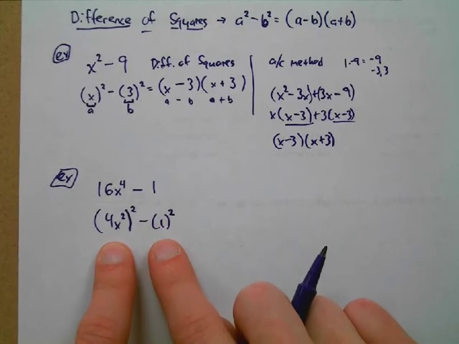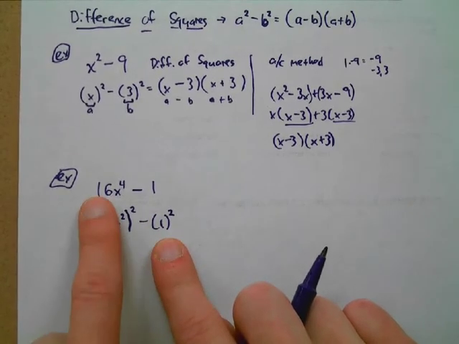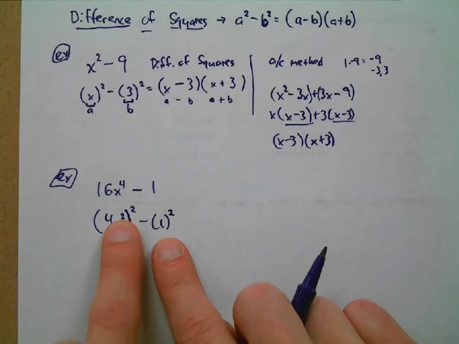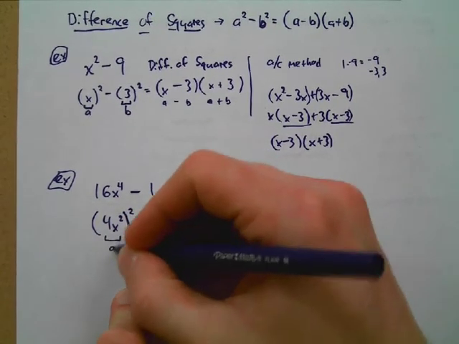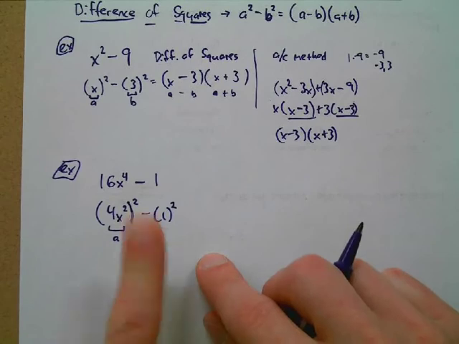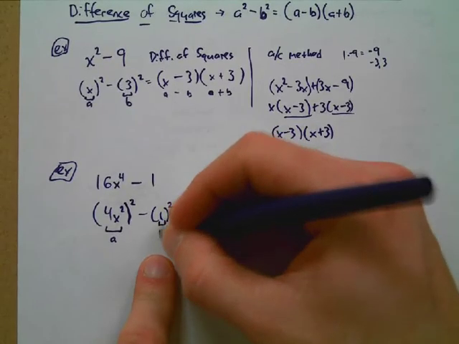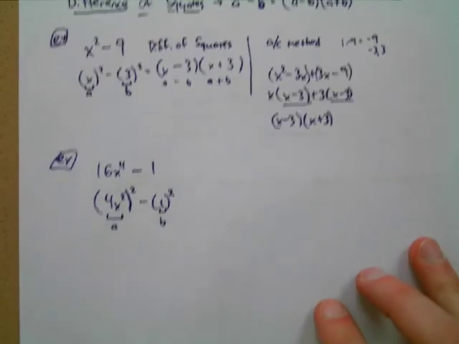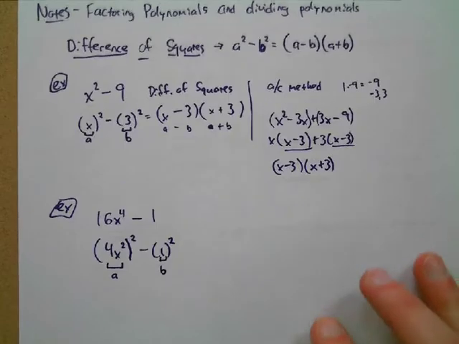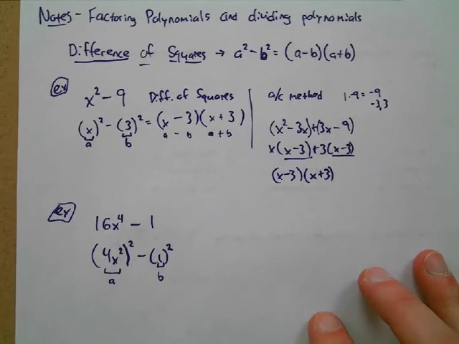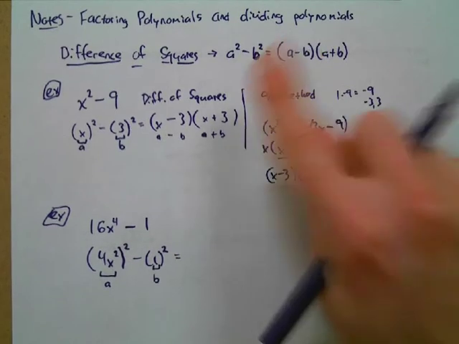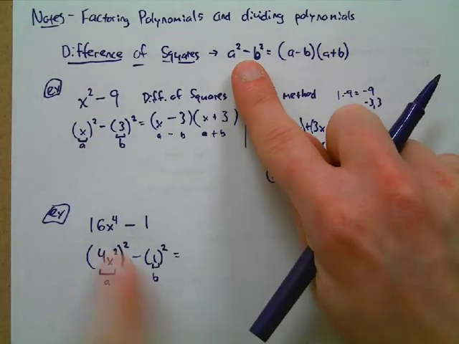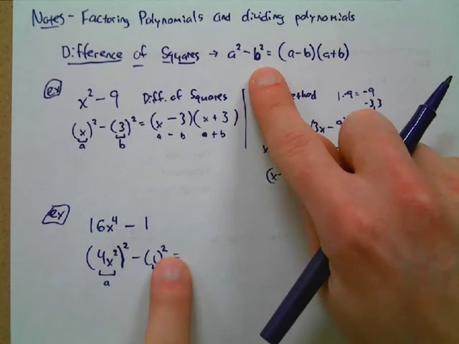Okay. So in this case, since 16x to the 4th is really 4x squared quantity squared, this is our A. And then 1 is our B. So let's see, I don't want to lose the difference of squares up there. So we'll factor using this method. If we have A squared, so 4x squared squared, minus B squared, 1 squared, we can factor to this.